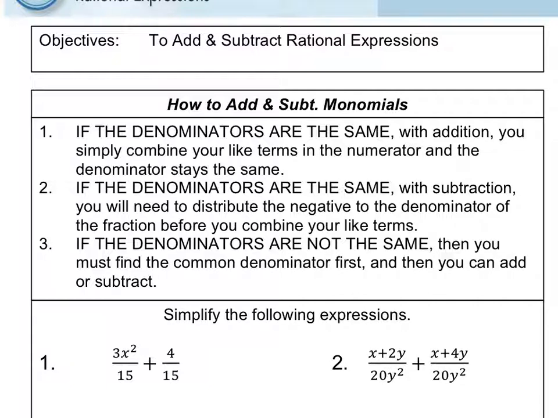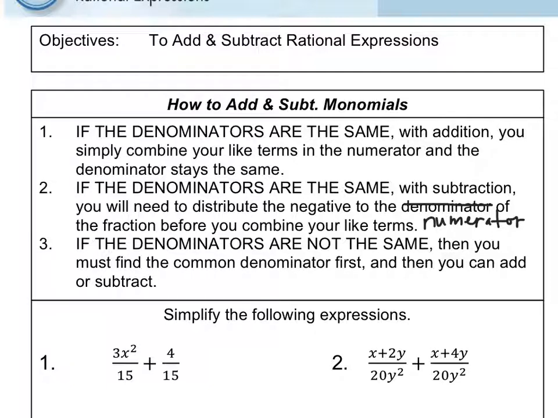So if the denominator is the same, with subtraction, you'll need to distribute the negative to the numerator. This should say numerator, excuse me. So we're going to cross this out and say numerator of the fraction before you can combine your like terms.